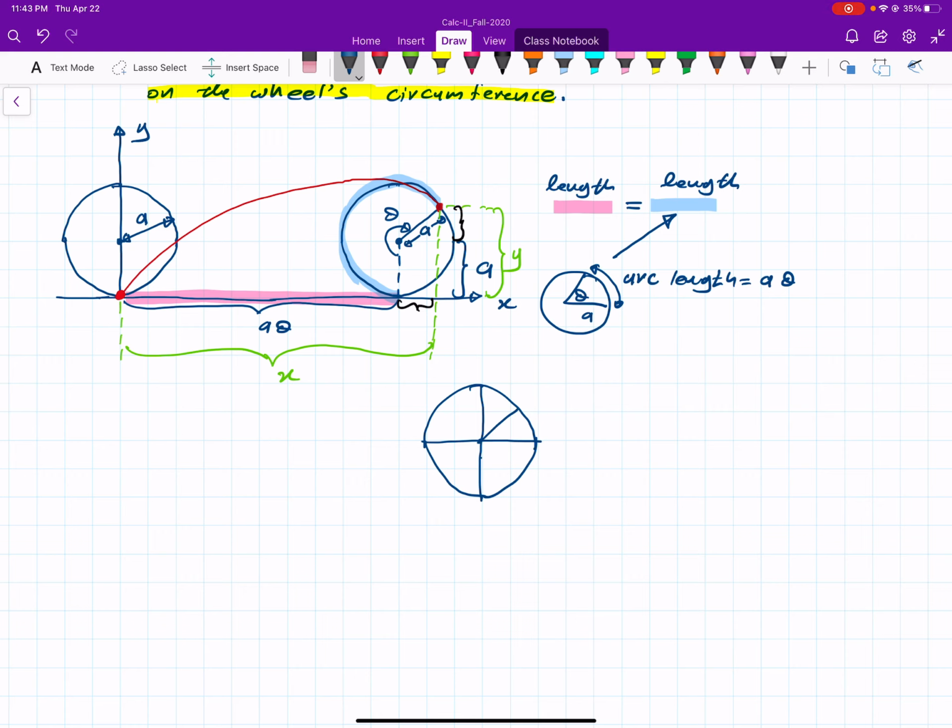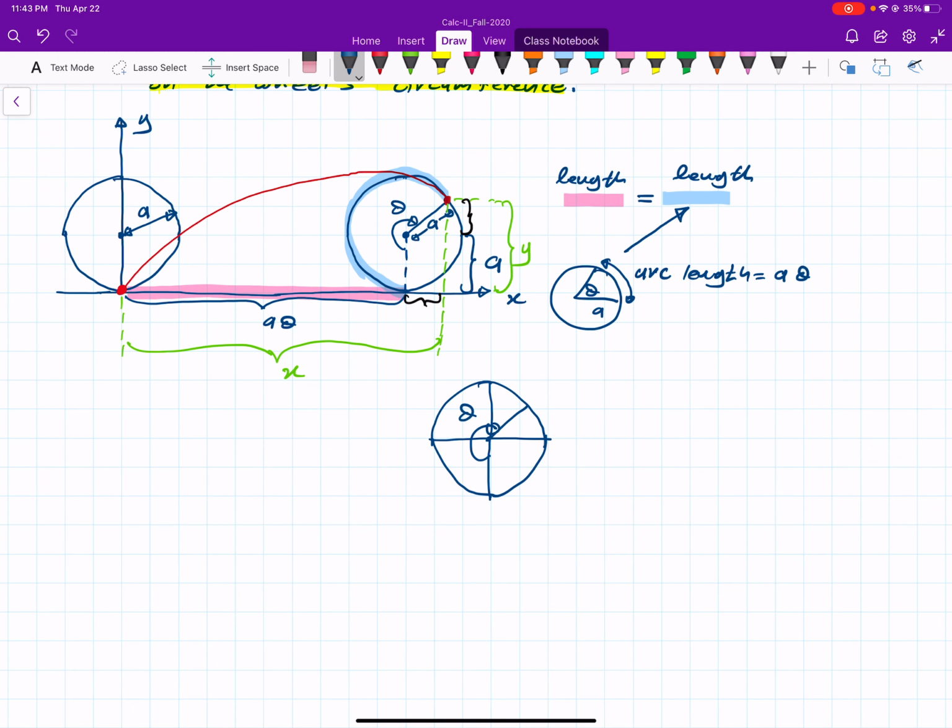This angle is theta, and then you have to find this black displacement plus that black displacement.